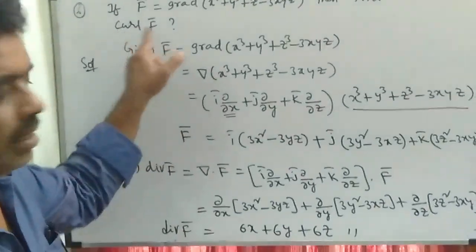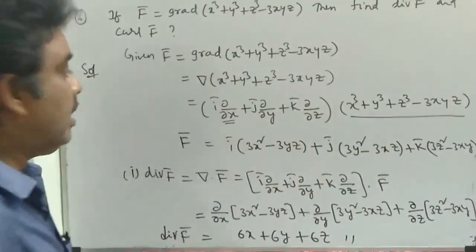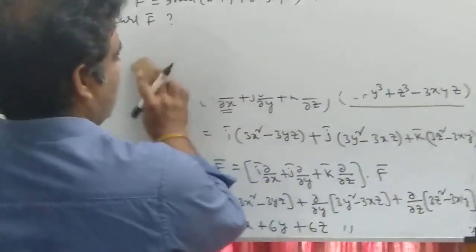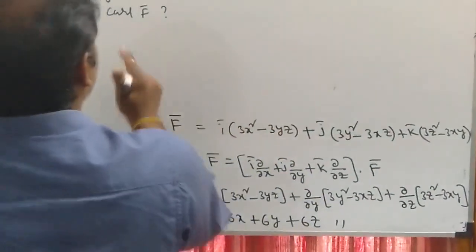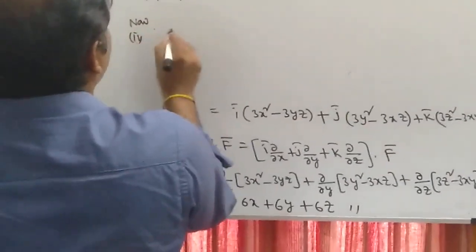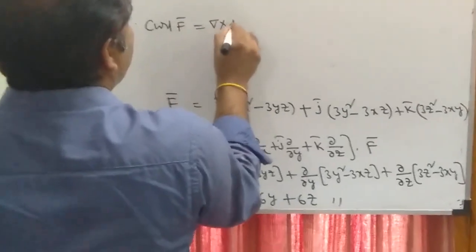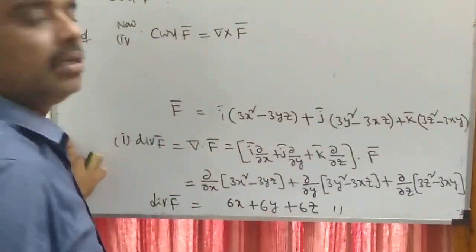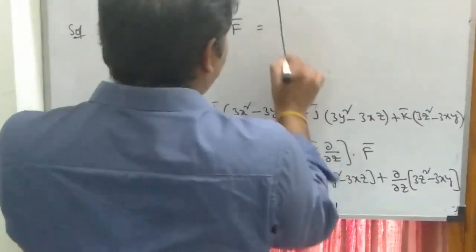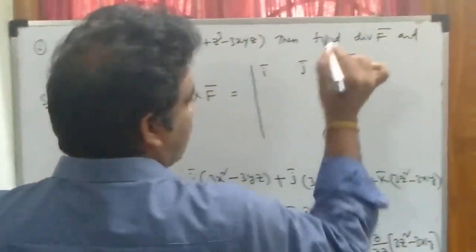Similarly we can find curl f bar. Curl f bar means del cross f bar, the cross product. Curl f bar is equal to del cross f bar. That is the determinant of the first row I bar, j bar, k bar.